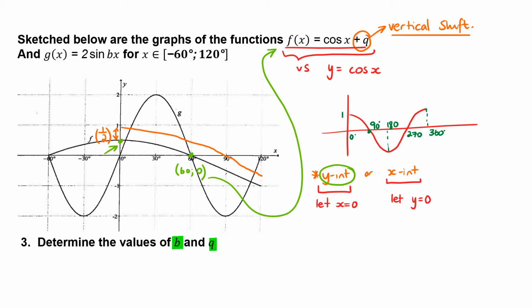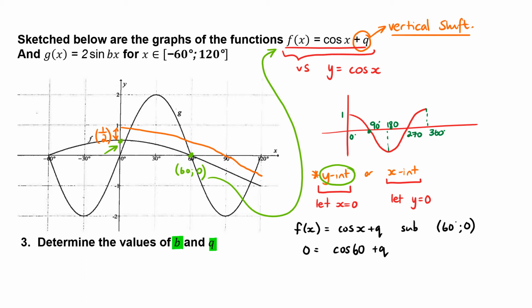So by doing that, we're going to get that f of x equals cos x plus q, and we're going to sub a point in, which is 60 degrees and 0, and there we're going to get 0 is equal to cos of 60 plus q.